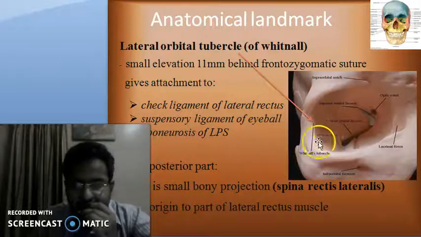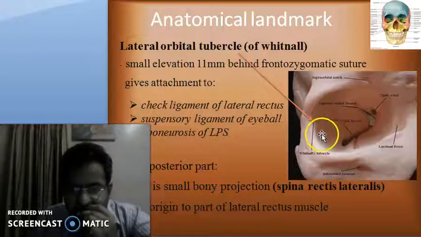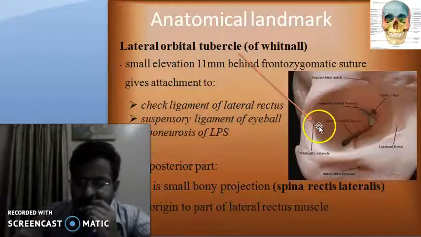On the posterior part, there is a small bony projection known as spina recti lateralis, which gives origin to part of the lateral rectus muscle.